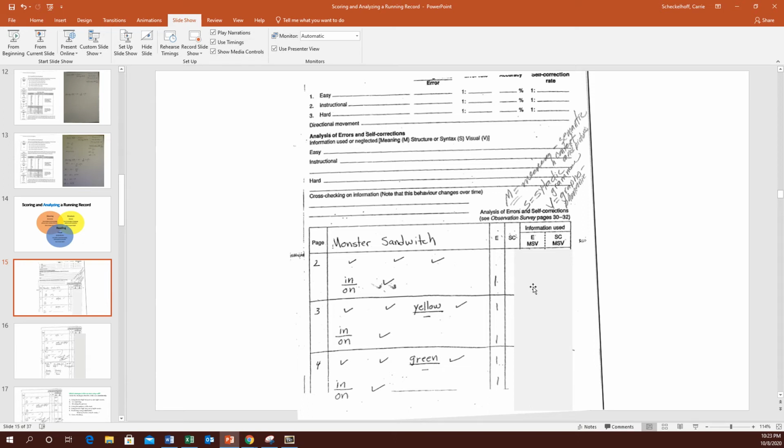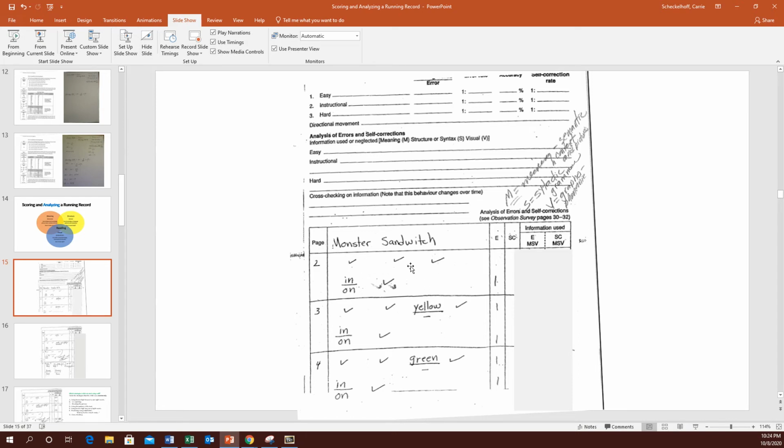And what you're going to do is when you see an error, right here's the error, we have it listed. So we're going to write MSV, and then we're going to circle the cueing systems that we see the student using. So on this first one, the child reads, oh, what is it? Put some lettuce in it.